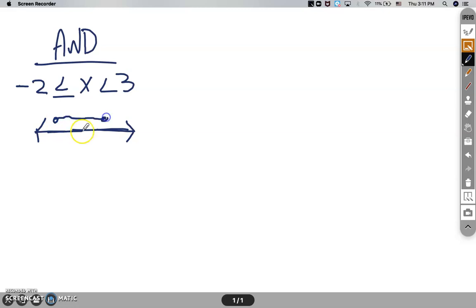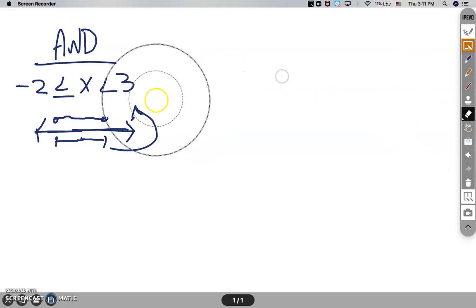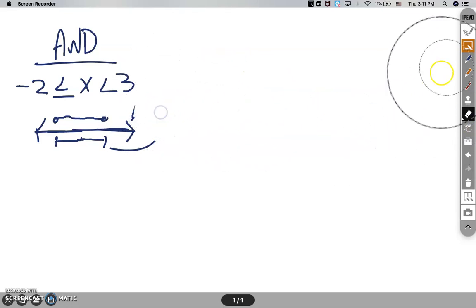It would have a range of values, and this range of values would be the values that satisfy this inequality. It's really hard to say inequality when you got used to saying equations a lot. So this will satisfy this inequality, okay?